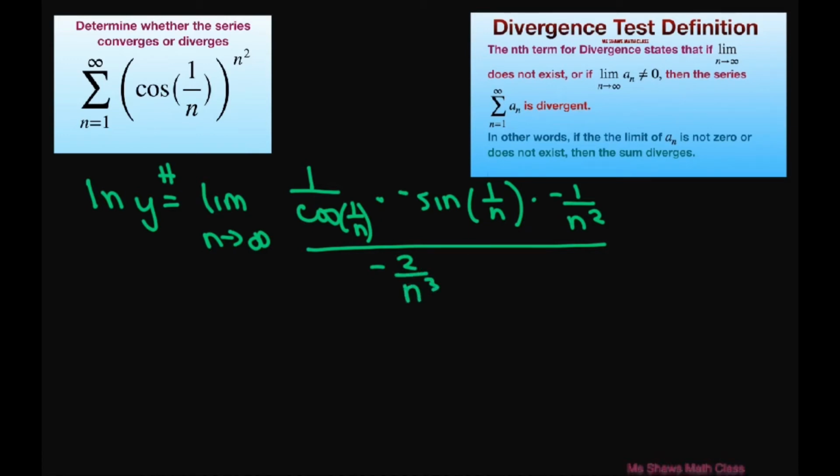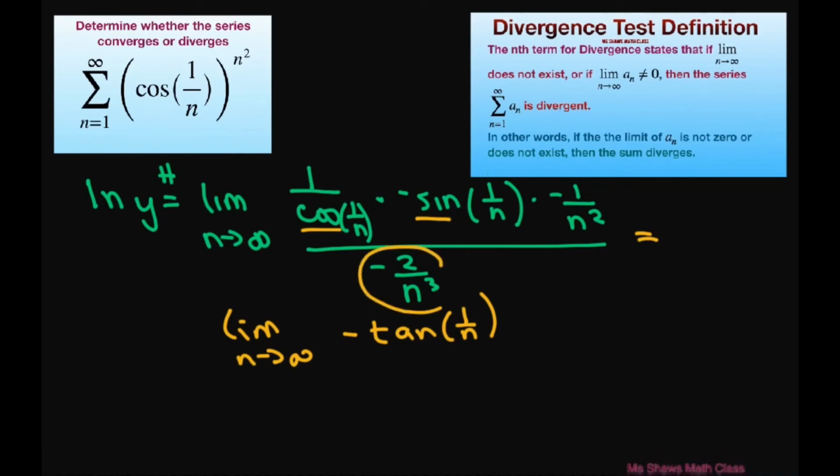All right, this is going to equal, simplifying it, the limit as n approaches infinity, and this is going to be negative tan of 1 divided by n times, let's see, if we use this with this, we're going to get negative 1 divided by n squared times, and I'm going to multiply by the reciprocal, n cubed divided by negative 2.